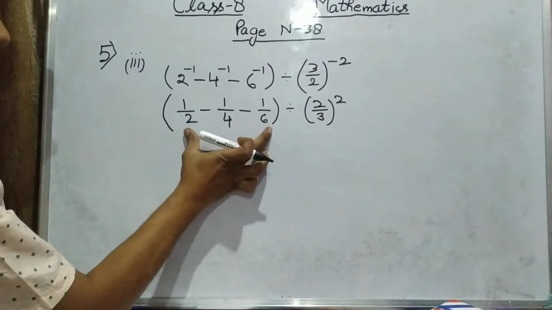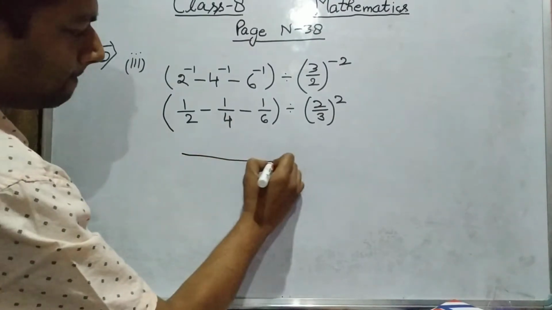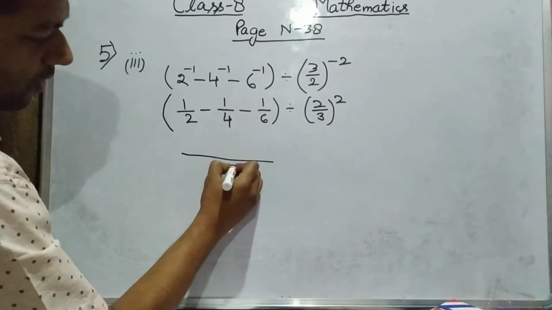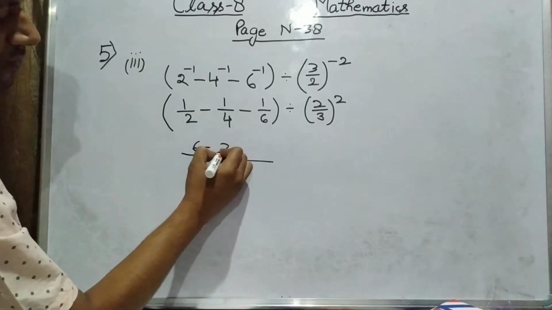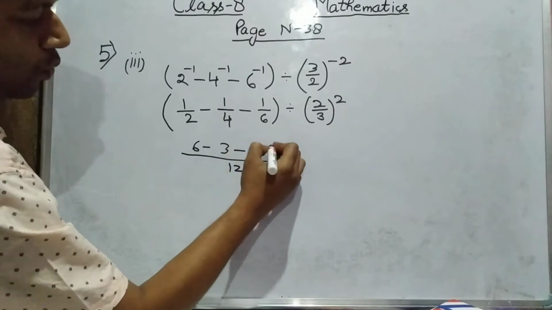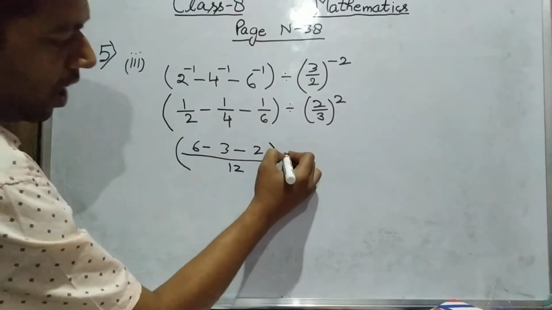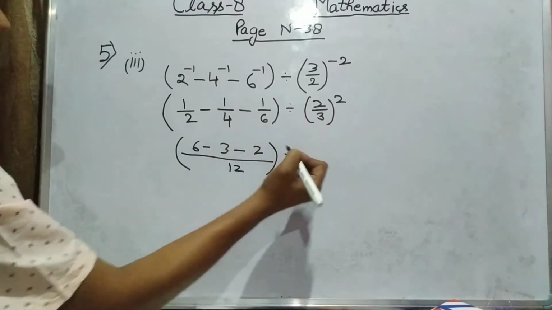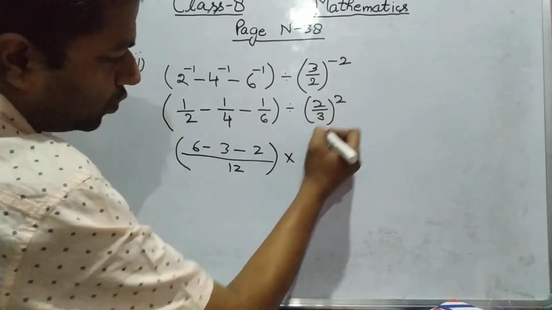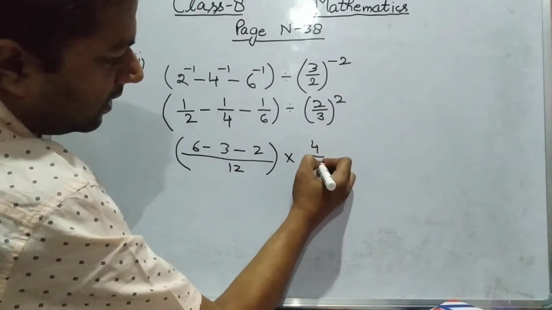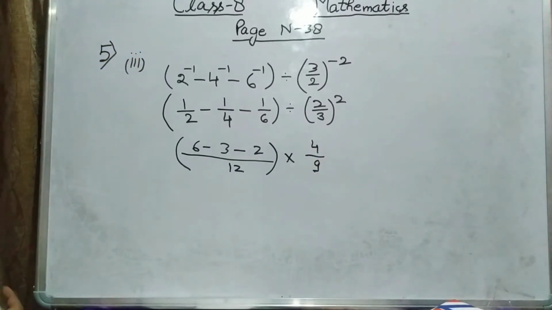Now take the LCM of this bracket. The LCM will be 12, so 6 minus 3 minus 2 in the bracket. Now we can convert this divide sign into the multiplication sign. 2 twos are 4, 3 threes are 9.